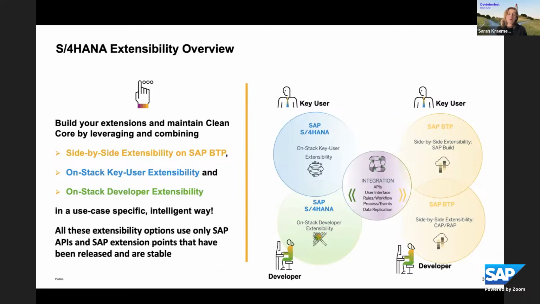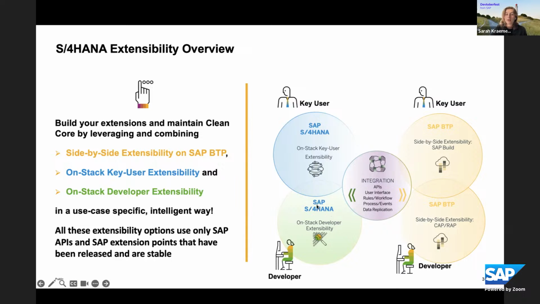Within SAP, we have different options to extend a system, depending on the skill profile you have in your company and your business needs. On the one hand, we have key user extensibility, which allows business users to make simple extensions within S/4 on the standard functionality.